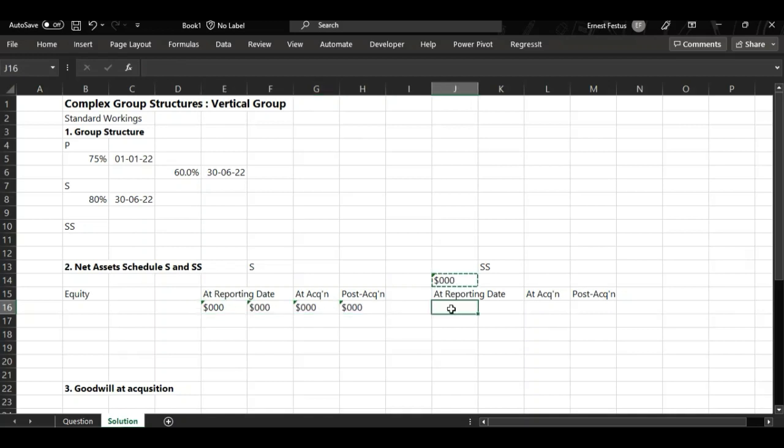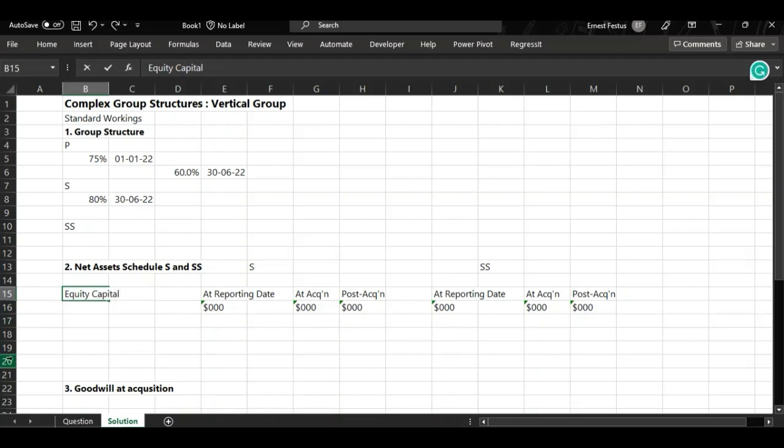Cut it from here, paste it here, copy to the right. Alright. So we have our equity capital.